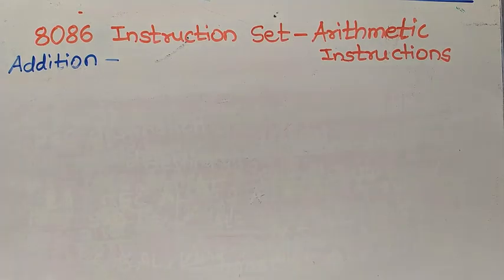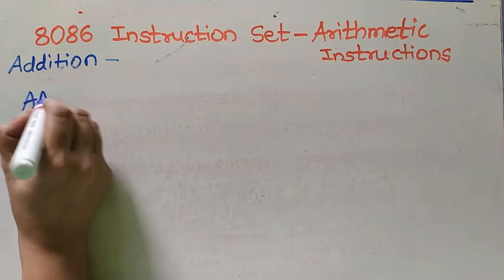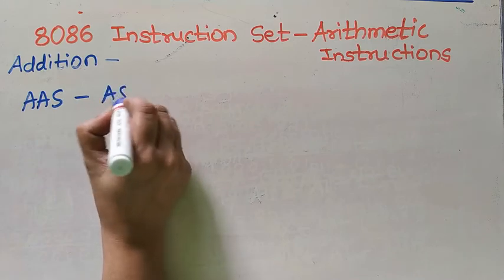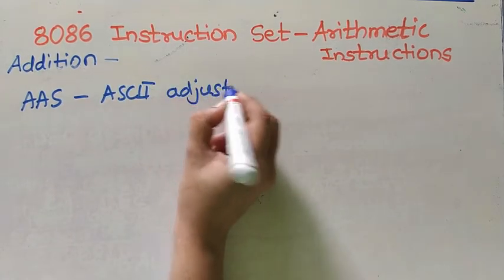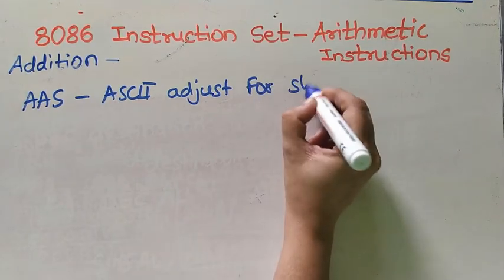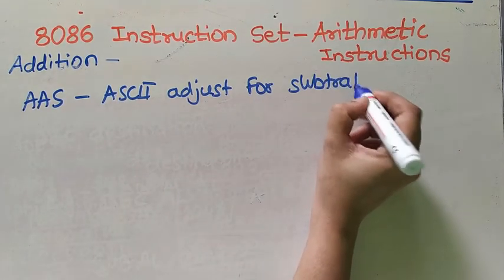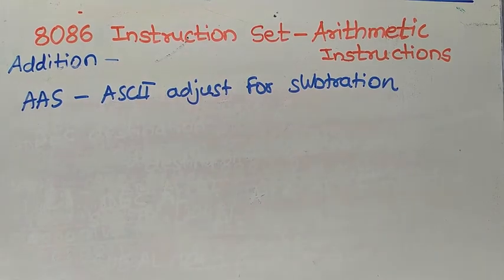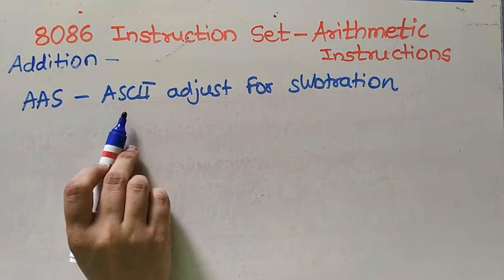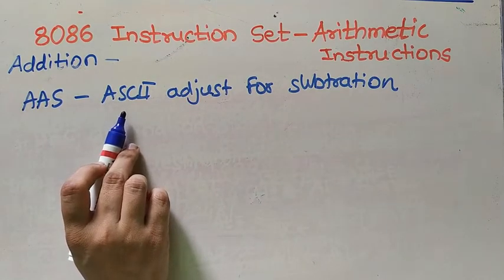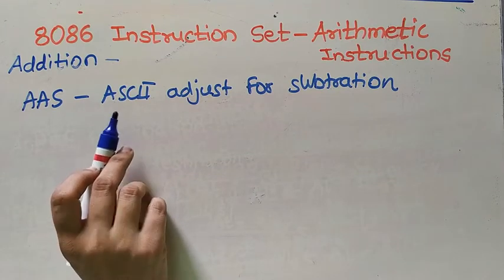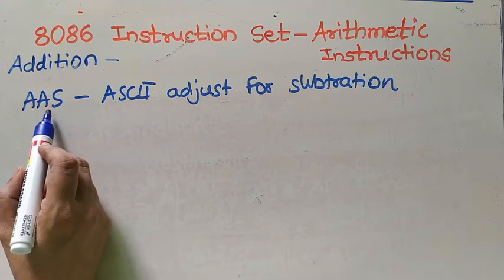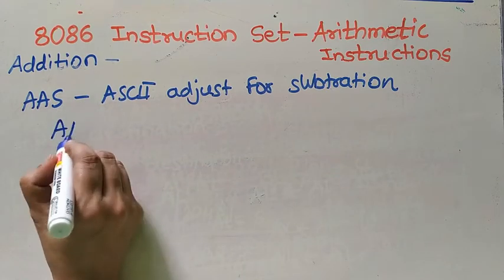Next instruction is AAS. This is ASCII adjust for subtraction. Like addition, here ASCII adjustment for subtraction is also present. Like our AAA, after subtraction this AAS instruction is used. Mnemonic is AAS.